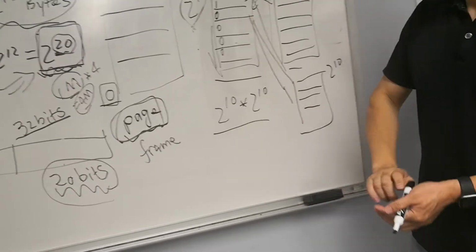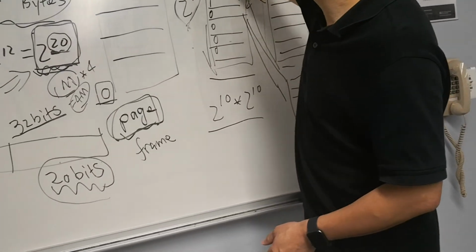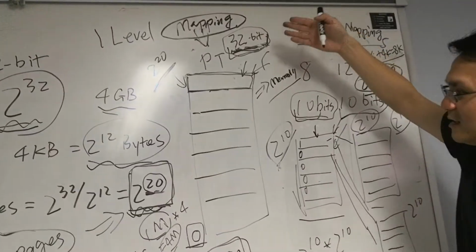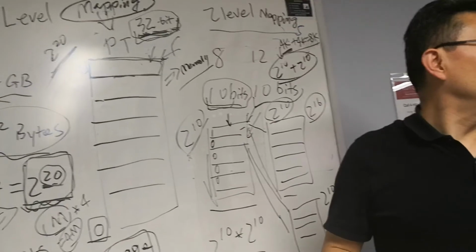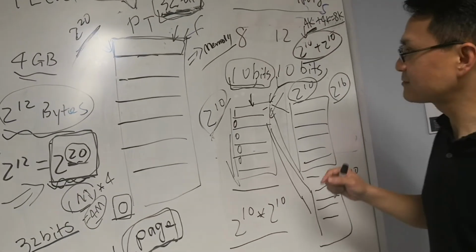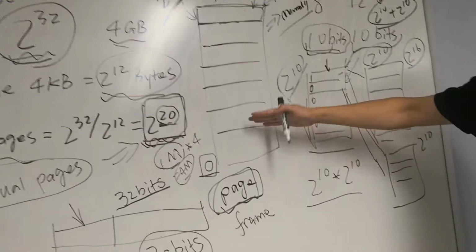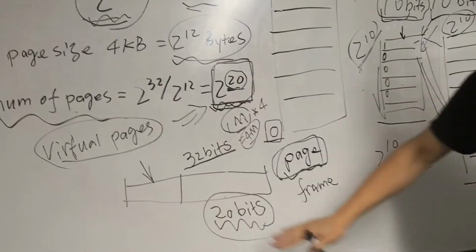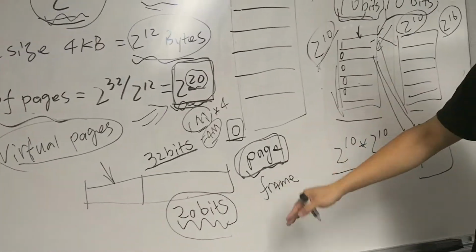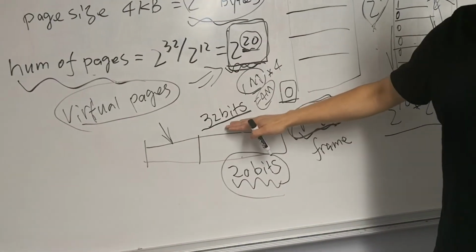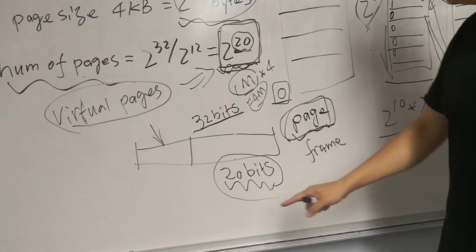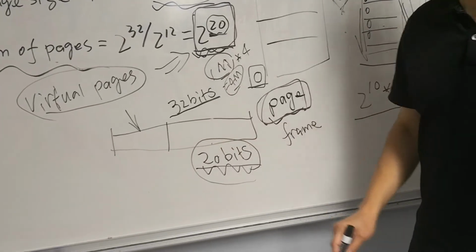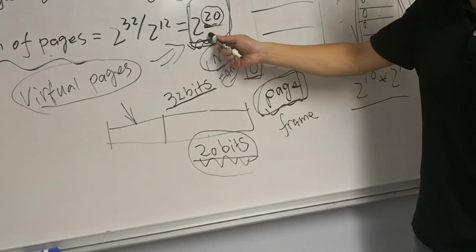If you have each entry with 32-bit, each table entry for one level is 32-bit, and you only need 20 bits for this many different pages.